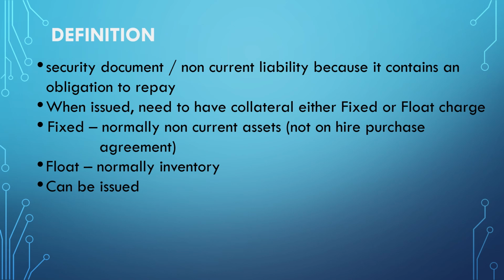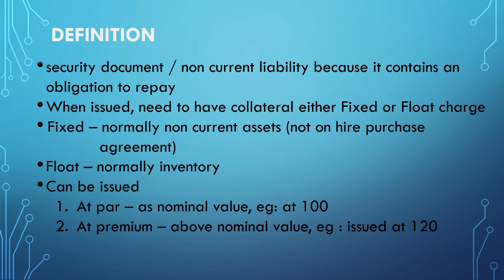The debenture can be issued either at par, whereby we call it the nominal value, and usually we write it as issued at 100. Or the debenture can be issued at a premium, whereby it is above the nominal value, normally written as issued at 120.